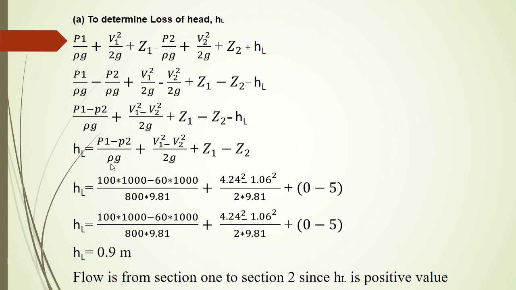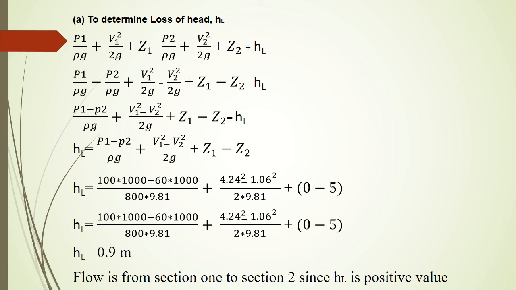Rho is the fluid density, here 800, so 800 into 9.81, plus 4.24 minus 1.06 square divided by 2 into 9.81, plus Z1 minus Z2. So Z1 is 0, Z2 is minus 5. If you substitute all those values, the loss of head is going to be 0.9 meter.